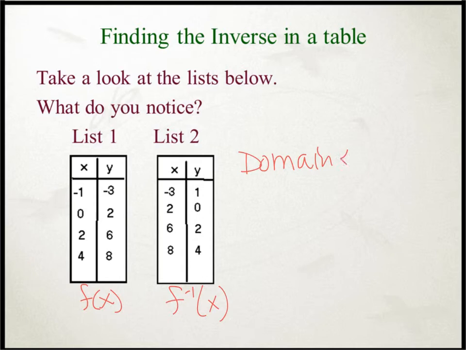Domain switches with range. So notice that these are flip-flopped. -1 goes to 3, and now 3 goes to -1. 0 goes to 2, now 2 goes to 0. So it's just swapping those x's and y's.